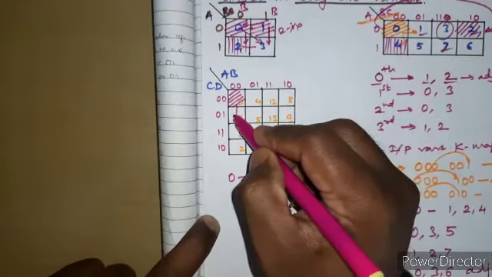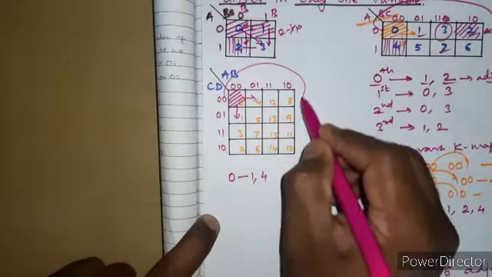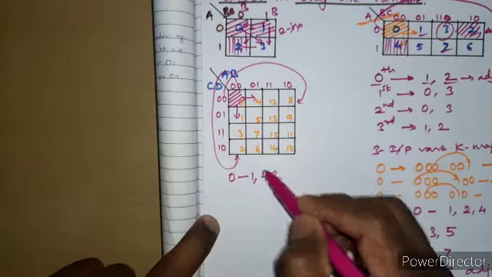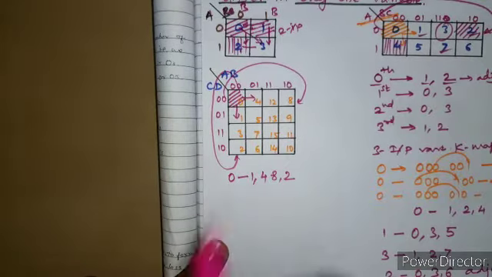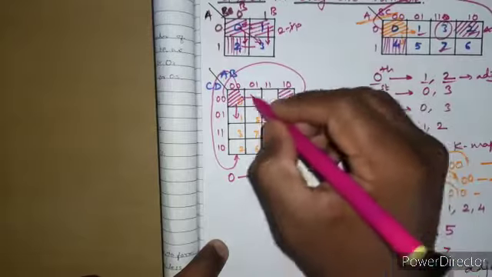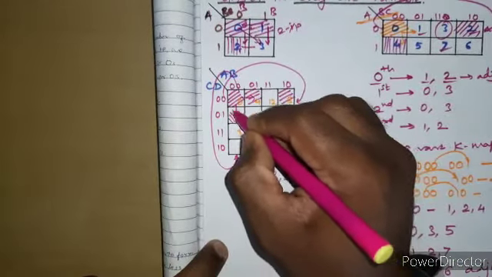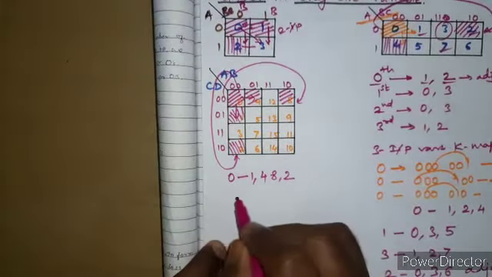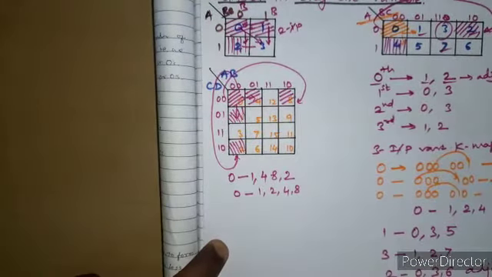You can see this 1, this 4, this way 8, and this way it is 2. So I can write this 1, 2, 4, 8.